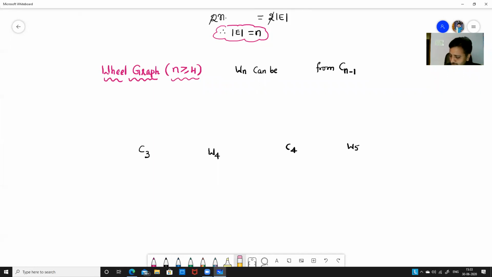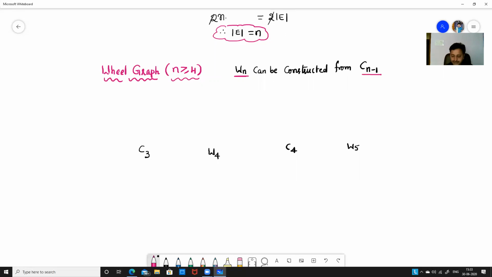Wn can be constructed by using Cn minus 1.